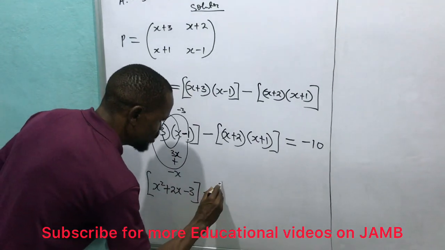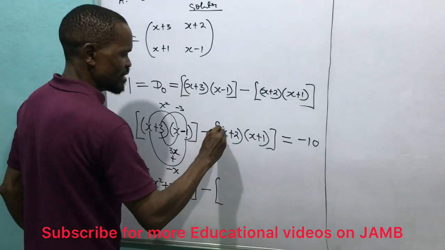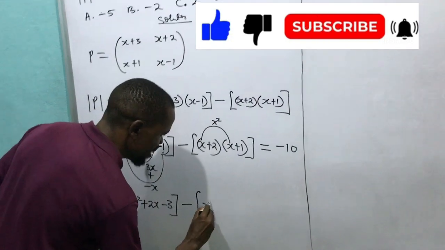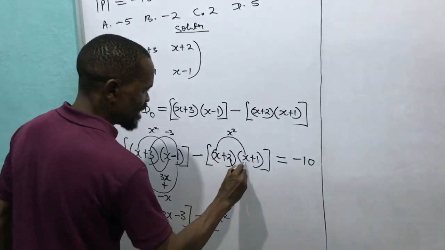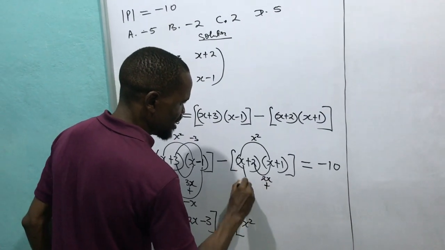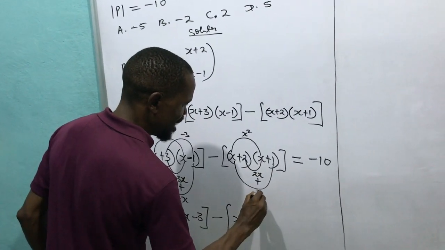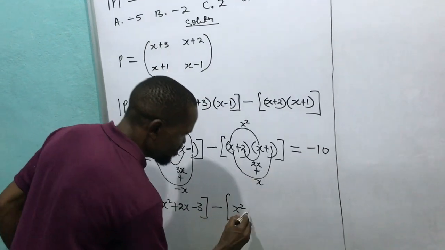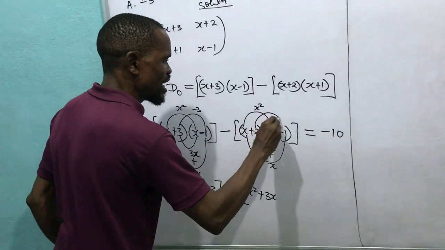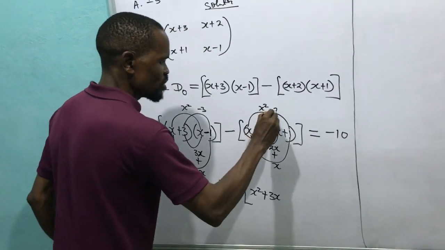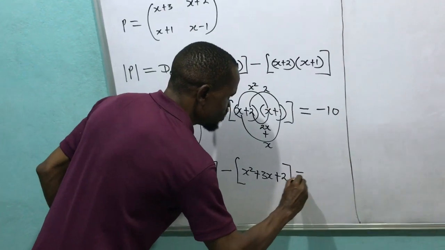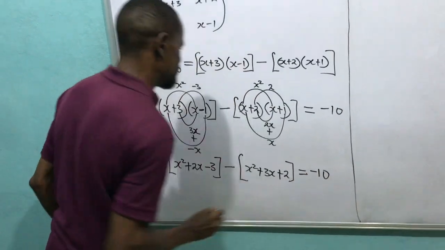The same thing I do here as well. This times this gives me x squared, and this times this gives me 2x, plus this times this gives me x, and this plus this gives me 3x. Finally, 2 times 1 gives me plus 2, and it is equal to minus 10.